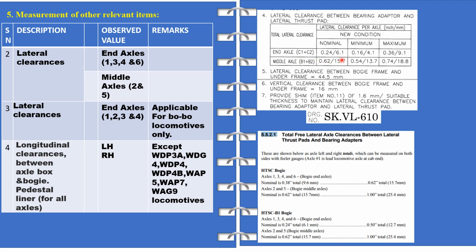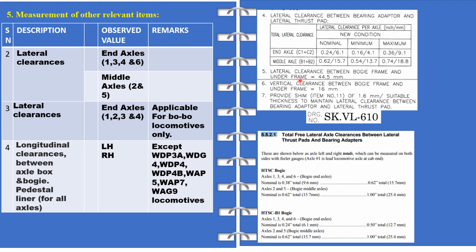So the nominal is 6.1, minimum is 4.1, and maximum is 9.1. This is for end axle. And for middle axle, its nominal is 15.7, minimum is 13.7, and maximum is 18.8.